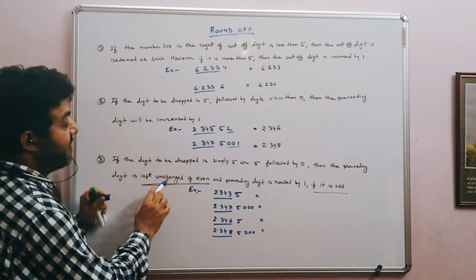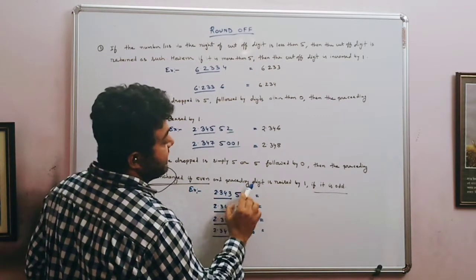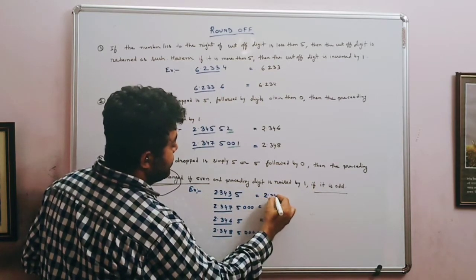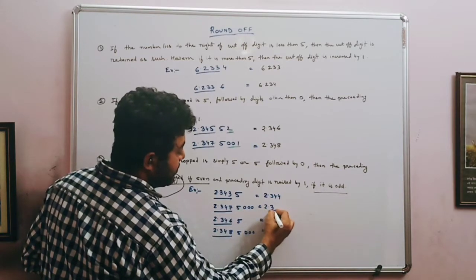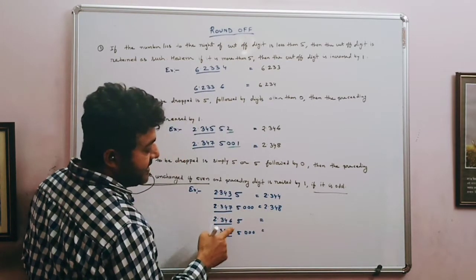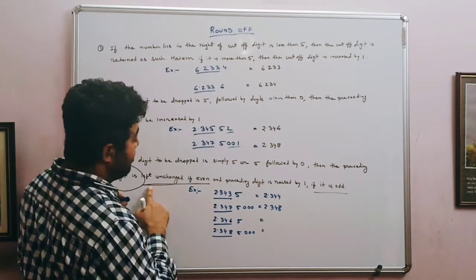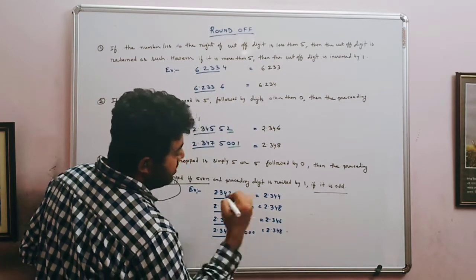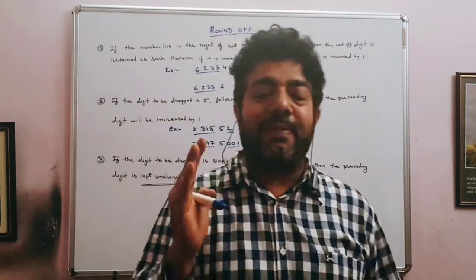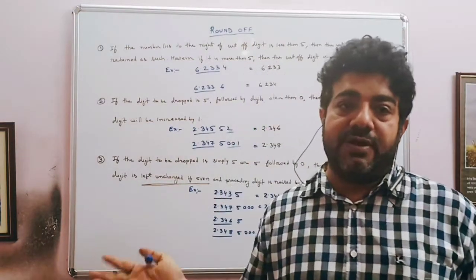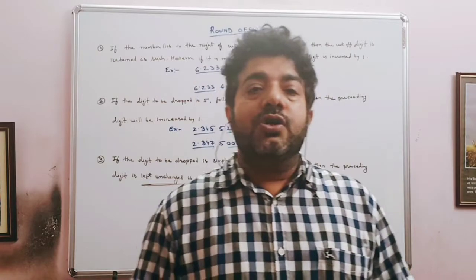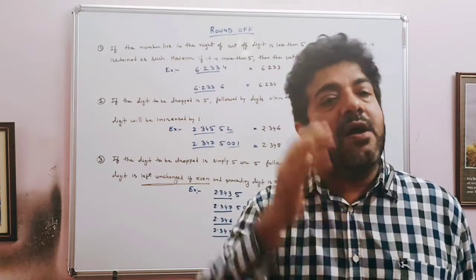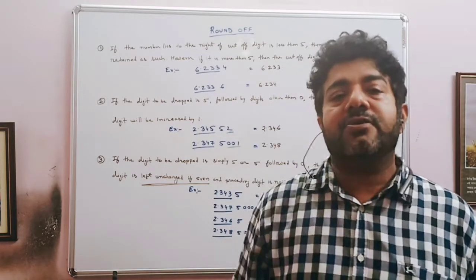So odd होने से क्या होगा, left unchanged if even and preceding digit is raised by 1 if odd. तो if odd है तो raised by 1, तो 2.344, 2.348. यहाँ पे देखो 6 है, 6 आने का अर्थ इवन नंबर, इवन है तो अनचेंज, तो 2.346, 2.348. होप यू अंडरस्टैंड. अगर एग्जैक्टली 5 है, या 5 के साथ 0 है, तो प्रेसिडिंग वाला जो डिजिट है अगर ऑड है तो 1 बढ़ा दो, इवन है तो एज इट इज.